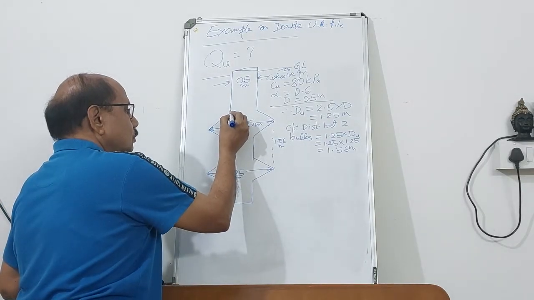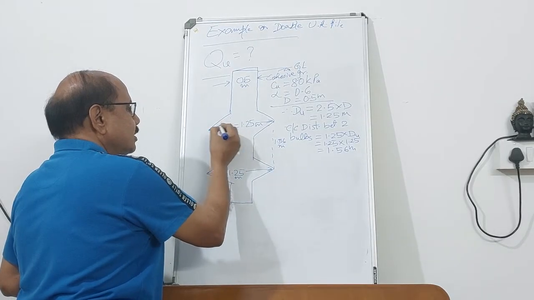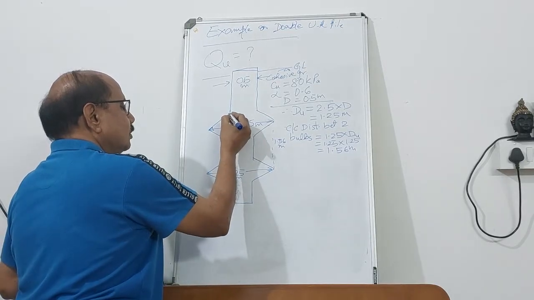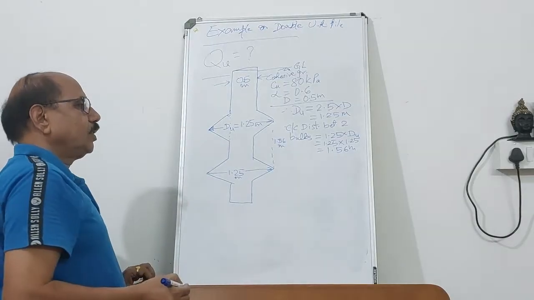Now, if you want to find out this distance, this angle is 45 degree in the under-ream.